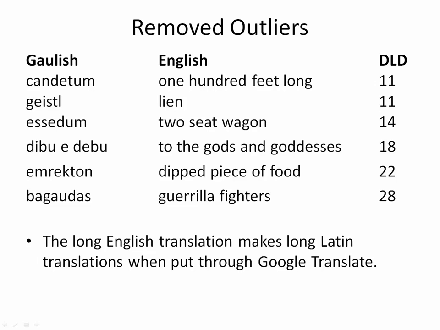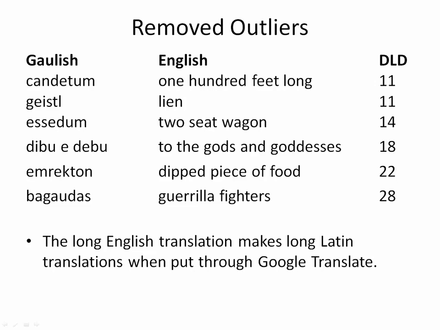Let us actually consider why the Damerau-Levenshtein distance is so large between some of these Gaulish words and their Latin translations. The issue is that in the sources that I have available, when the Gaulish word is translated into English, it actually comes out as a long set of words or a short sentence. For example, if we take the word embrekton, this translates as literally dipped piece of food.